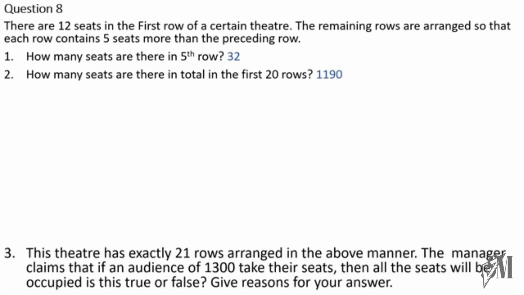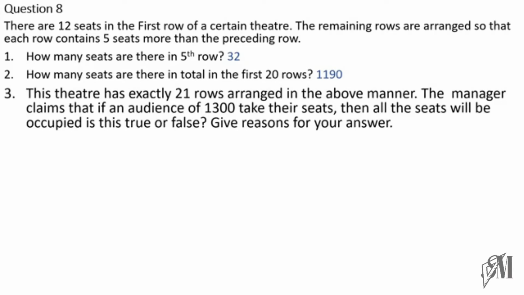The next part of this question tells us this theatre has exactly 21 rows arranged in the above manner. The manager claims that if an audience of 1300 take their seats, then all the seats will be occupied. Is this true or false? And give your reason. So what you have to do is find out how many seats there are in total in the first 21 rows.